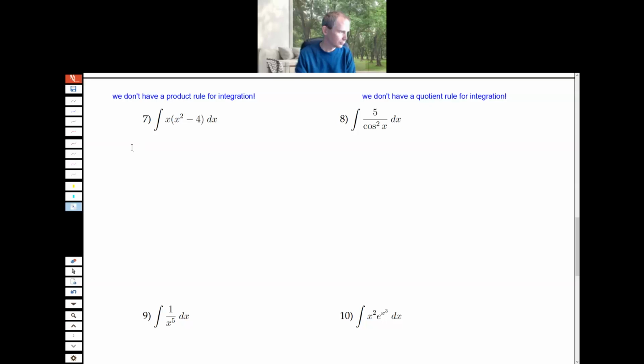So what you need to do in this case is rewrite the integrand so that there's no more product, right? Same thing with number 8. You need to rewrite it so that there is no more quotient, and that's how you're going to integrate these. So I'll give you a minute to try it out, and then we'll go over it together.